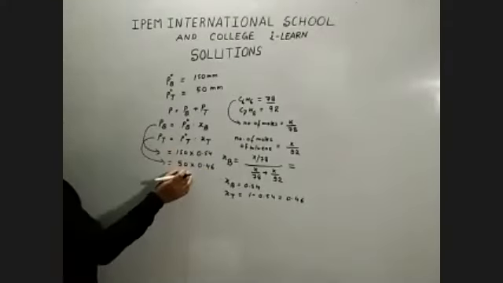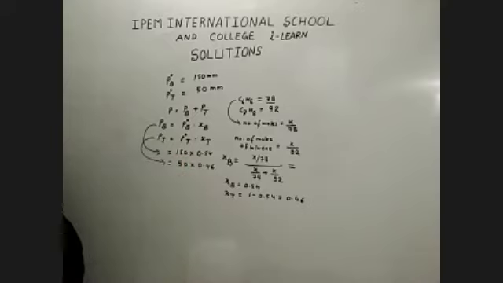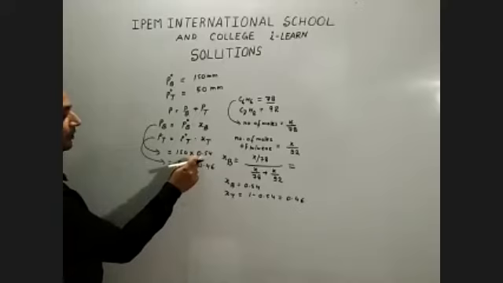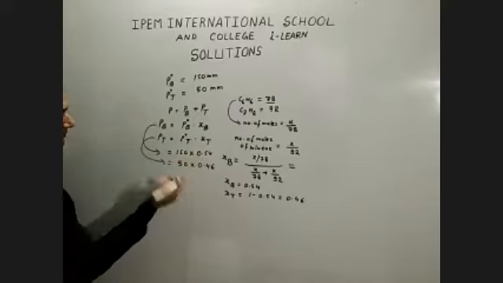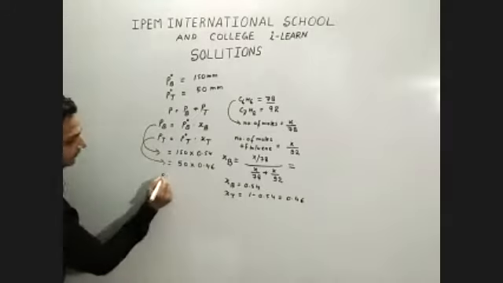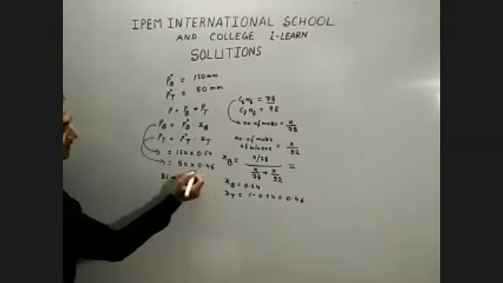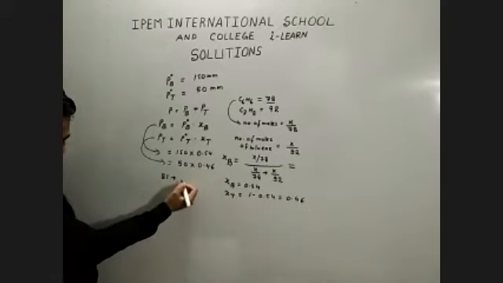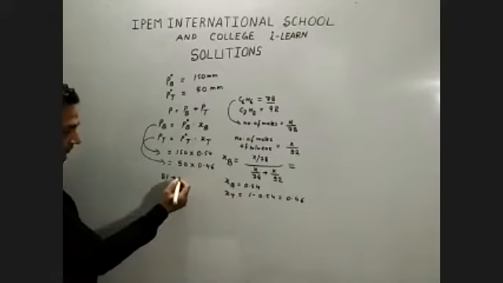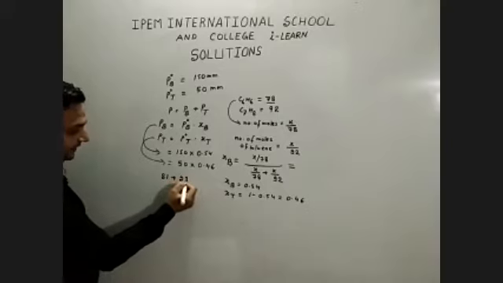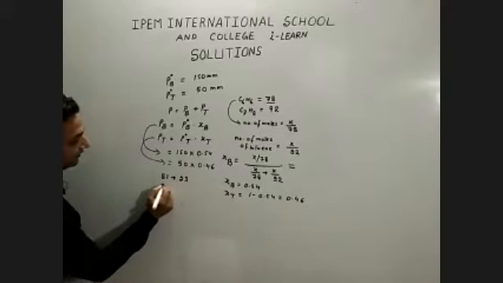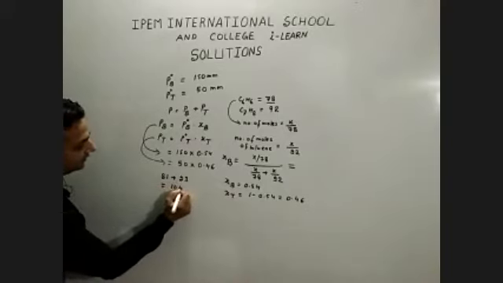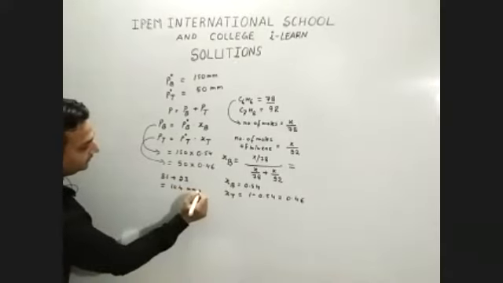Solve these two and then add them, you will get the vapor pressure of the resulting mixture. 150 into 0.54, how much? 81. 81 plus 50 into 0.46, 23. So this will give you 104 mm of mercury.